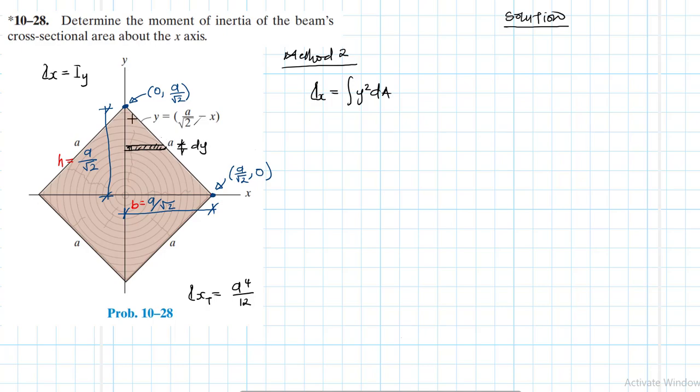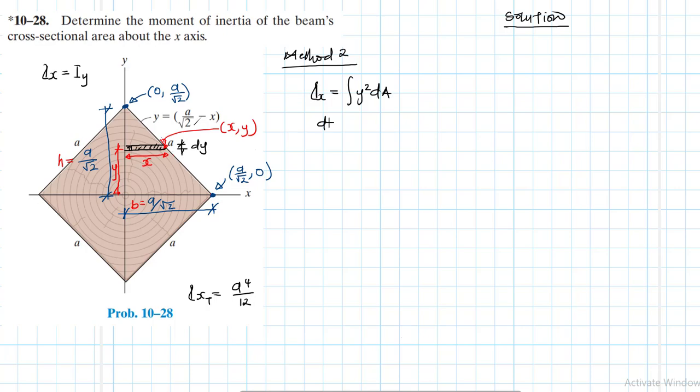And it's cutting our curve at x comma y. Therefore, this whole length of this small strip will be equal to x, and this height here is equal to y. Great. That is enough information for us.